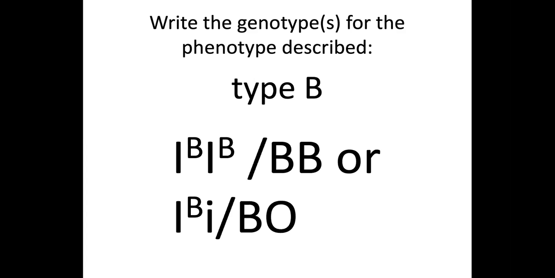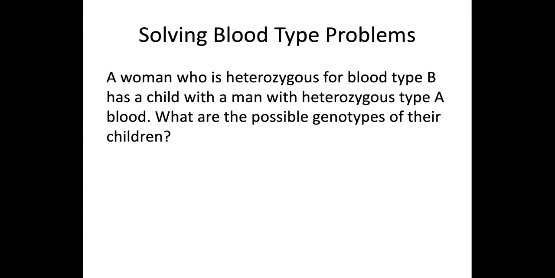Type A. Or AO. Okay, this is a multiple allele. So type A can be AA or AO. Type B. BB or BO.